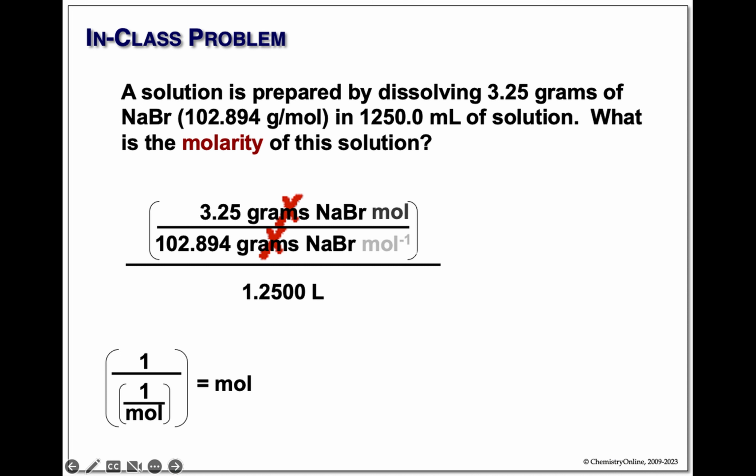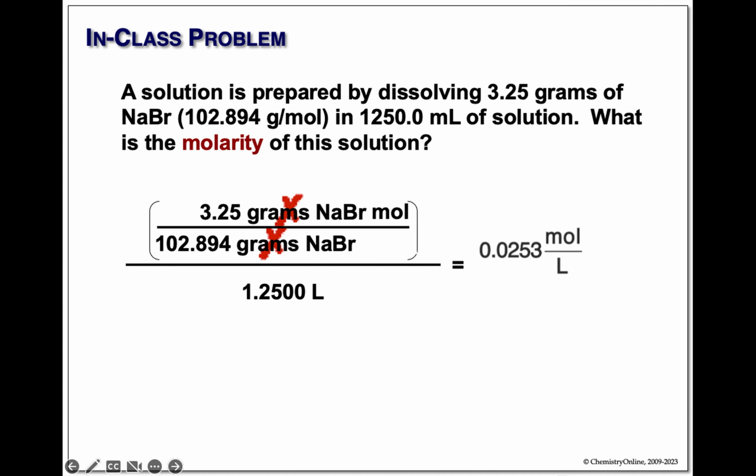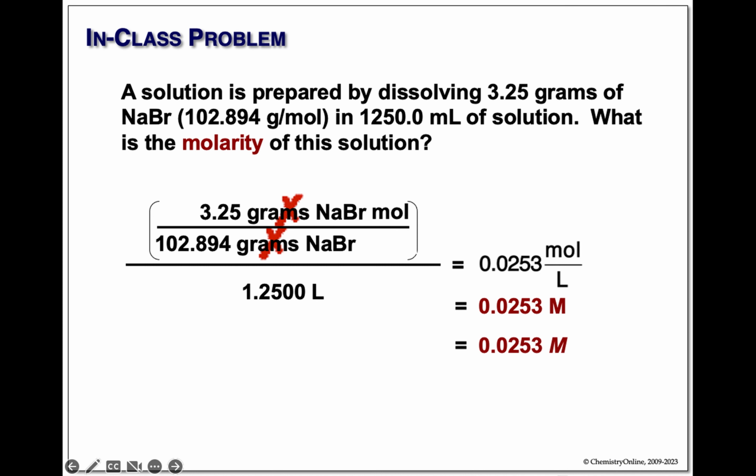Mole comes up. Now we do our simple math. 3.25 divided by 102 divided by 1.25. We get 0.025 moles over liters. Now this is 0.253 molar solution.